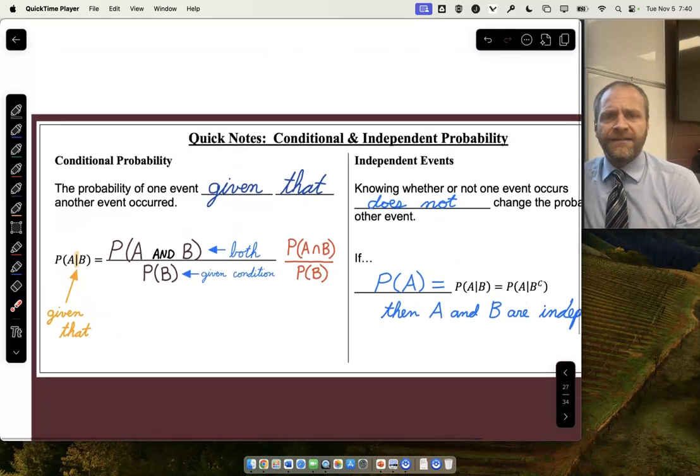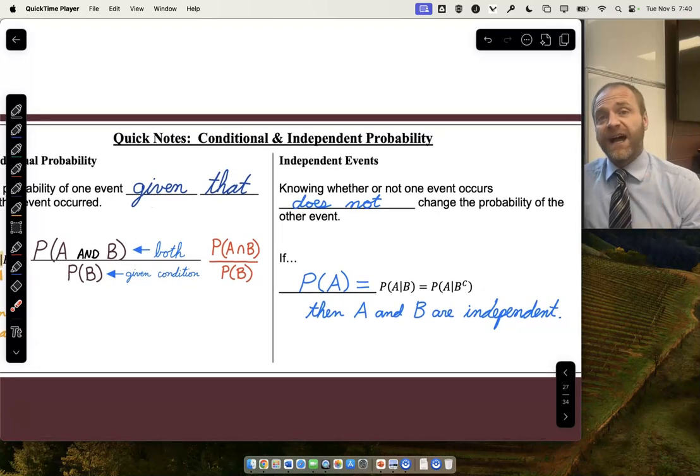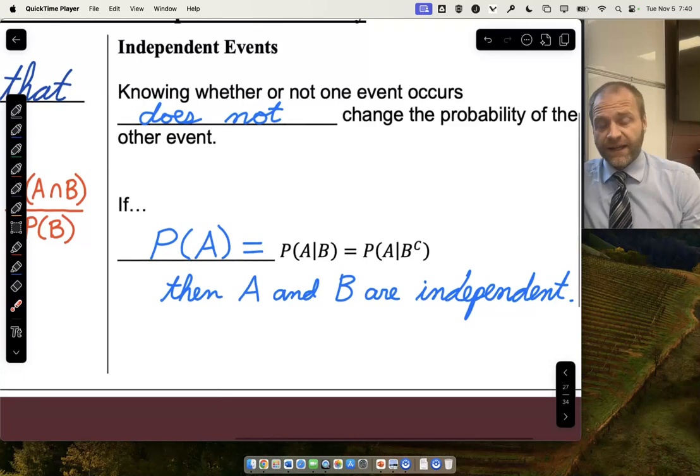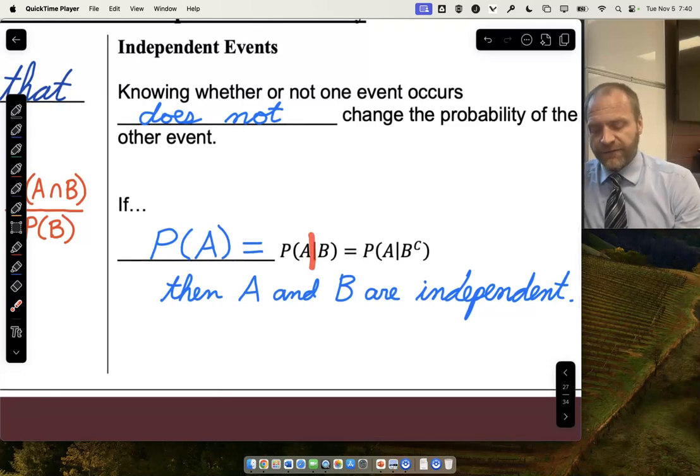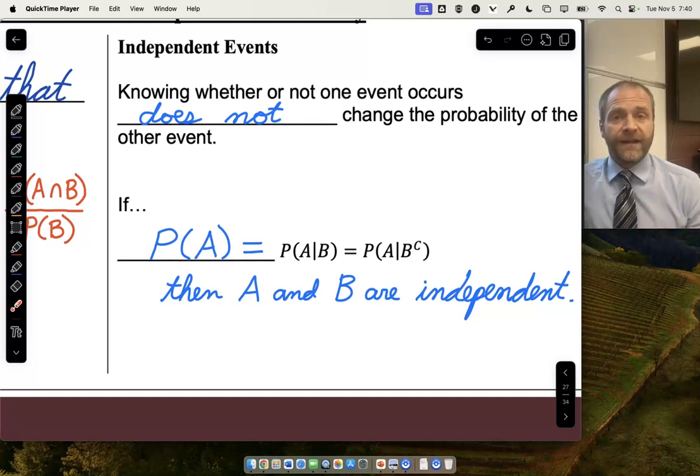Now, independent in words: knowing whether or not one event occurs does not change the probability of the other event. What this means is the probability of event A is not going to change given that other events occurred. Those should all be equal to each other, and if that's true, then they're independent.